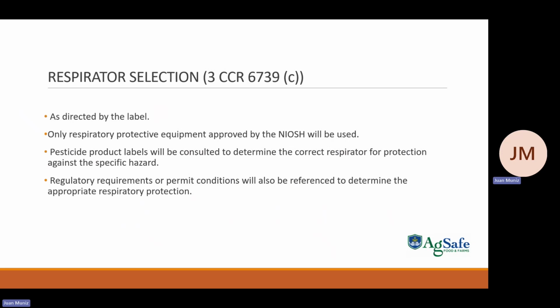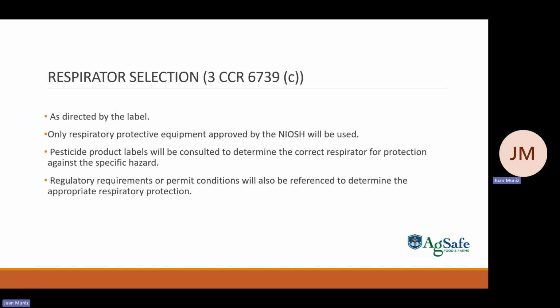So we will always refer to the label as the ultimate legal authority for determining what respirator to use or what type. Only respiratory protection equipment approved by NIOSH will be used.